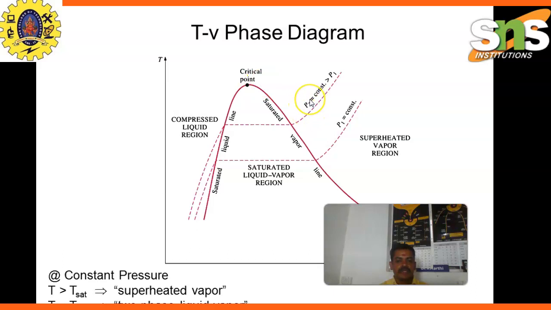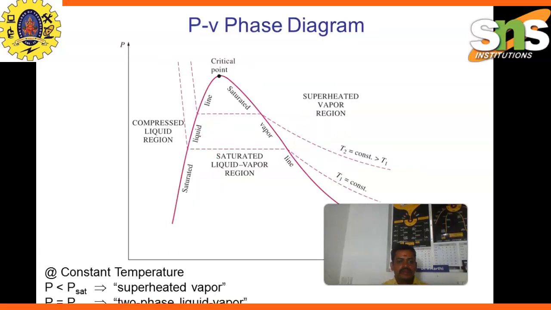P2 is a constant pressure above P1. P1 is a constant. This area is the superheated vapor region. On the left side of the critical point is the compressed liquid, and on the right side of the critical point is the superheated vapor region. The temperatures T1 and T2 are constant along these lines.